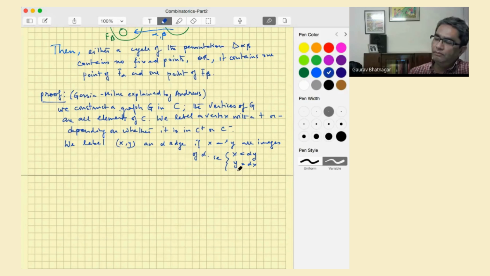Just to note that, so either x is equal to alpha y, and y equal to alpha x, or they are not connected, or neither of this is happening.